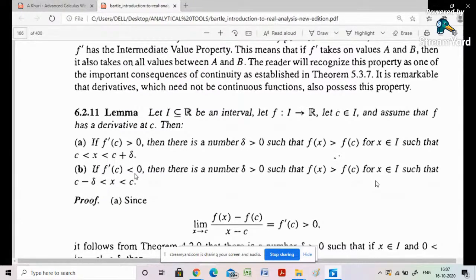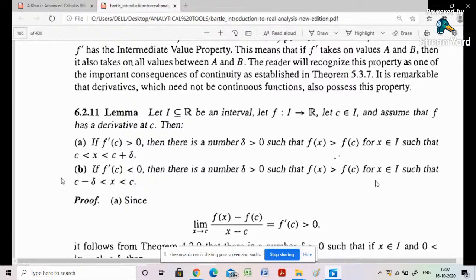And if f dash of c is less than 0 at the point c, then there exists a delta greater than 0 such that f of x is greater than f of c for x belongs to I, where c minus delta is less than x less than c. That means f of c will be the minimum. So what is the meaning?